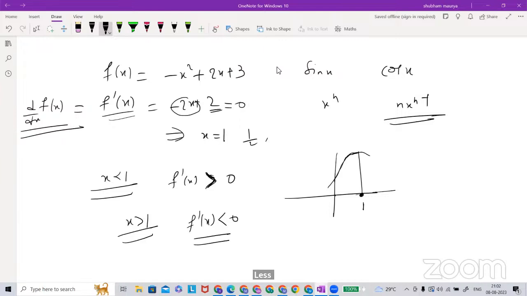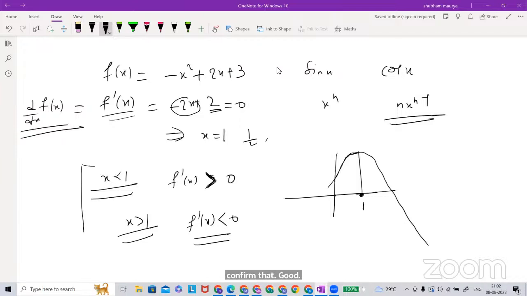So you can confirm by finding the critical points, and after finding them, you can confirm where the function is going to be increasing and decreasing.